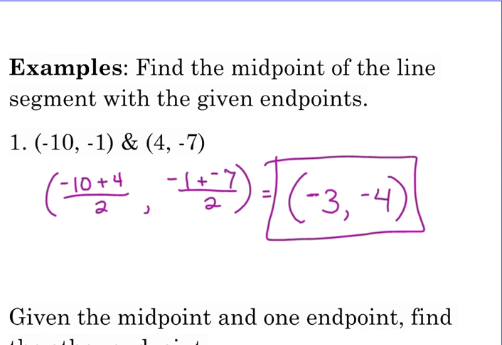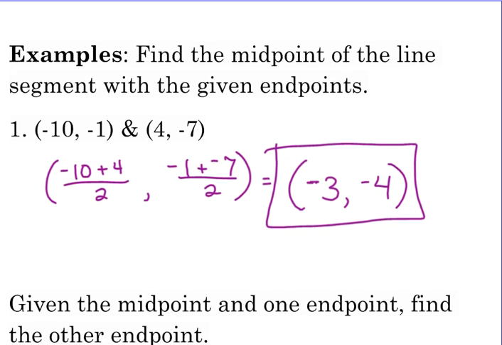Okay, it's half of those numbers, but in terms of a circle, what's in the middle of your diameter? It's a point. What point is in the middle of your diameter? The center of the circle, right? In the middle of the diameter is the center of your circle. So in this case, if those were the endpoints of our diameter, negative 3, negative 4 would be the center of our circle, which is part of what we need to write the equation.